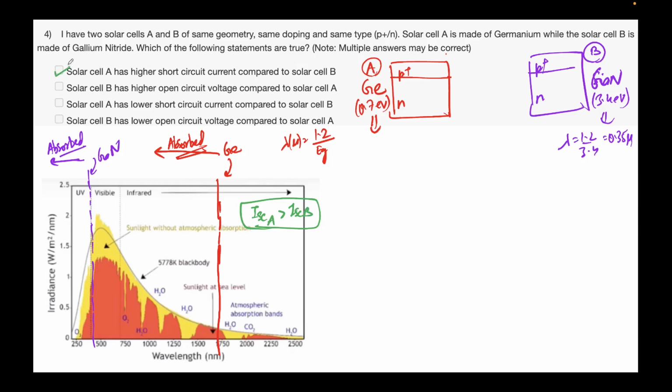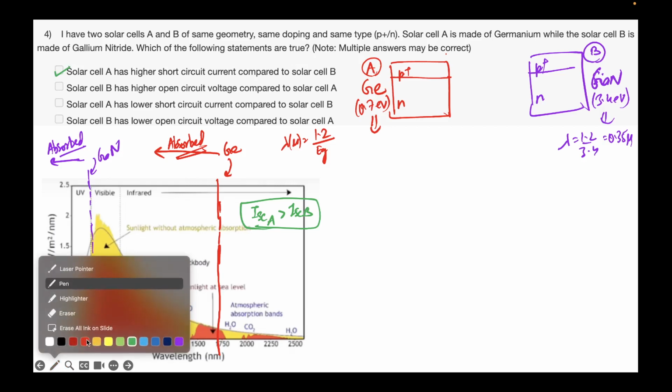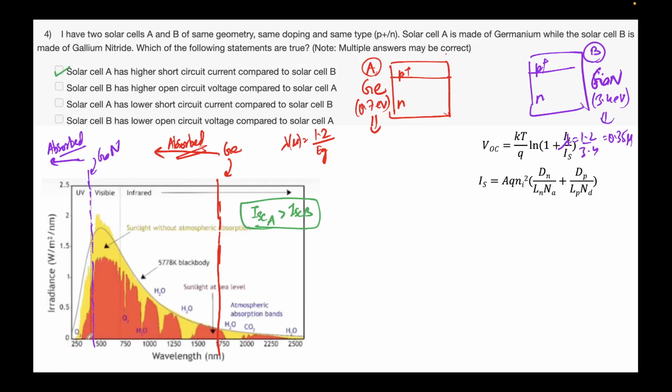Fine. Now let's talk about the open circuit voltage. Open circuit voltage is again very simple to understand. It depends on the doping and the diffusion constants, and I don't know their numbers, but they're usually in the same ballpark and not wildly different. N_i is a number which is usually very different. How do I know that?